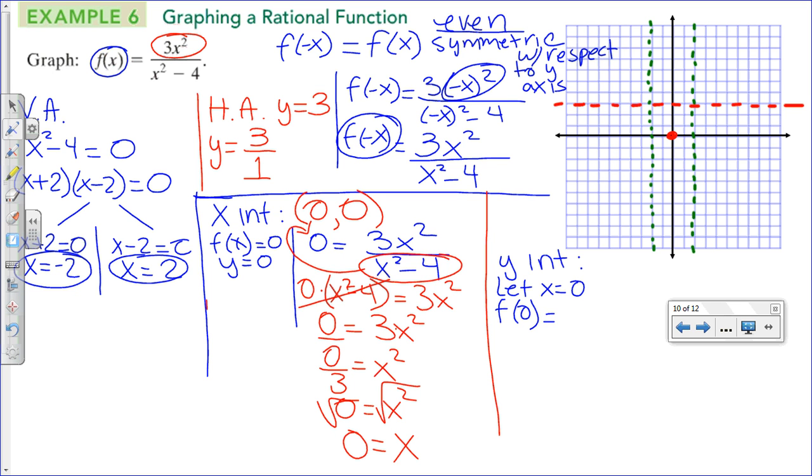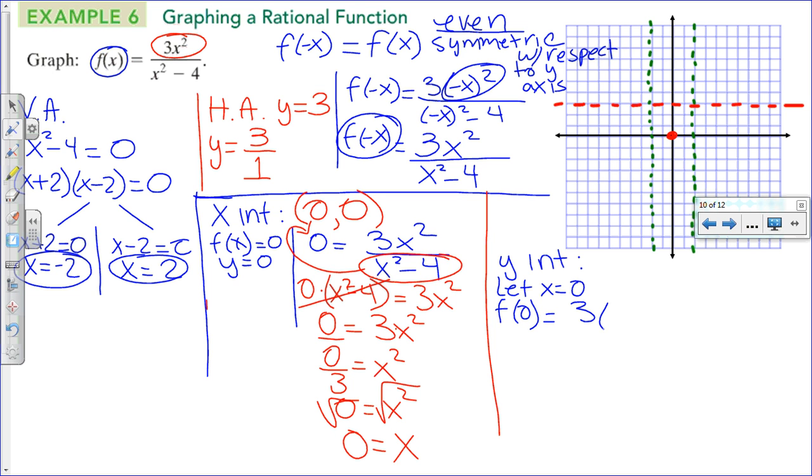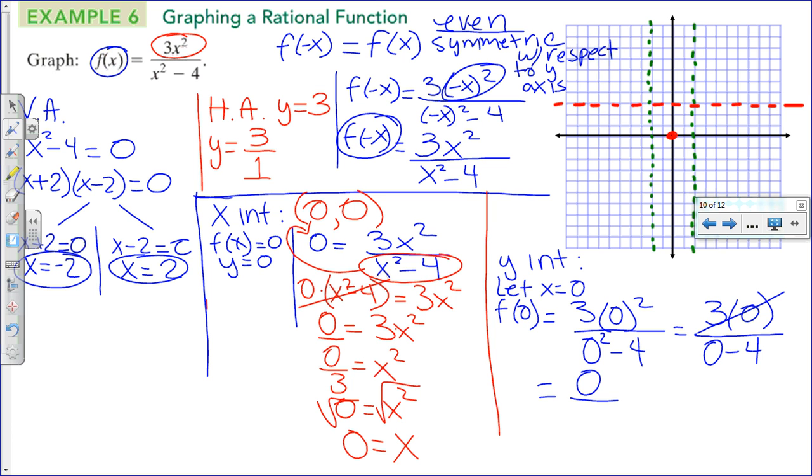So if we're finding f of 0, we will have 3 times 0 squared divided by 0 squared minus 4. 3 times 0 squared is just 0. 0 squared again is 0. And so we have here 3 times 0 is equal to 0. And 0 minus 4 is equal to negative 4. And so what do we get when we divide 0 by negative 4? The answer is 0. So this confirms that the y-intercept is the same as the x-intercept, and that is happening at the origin.